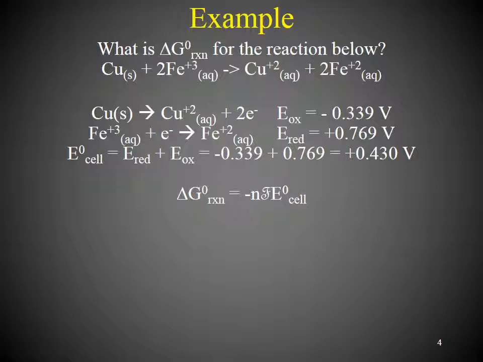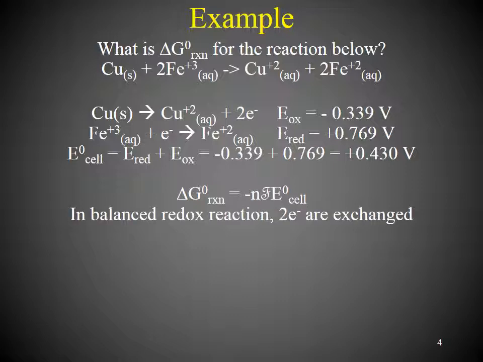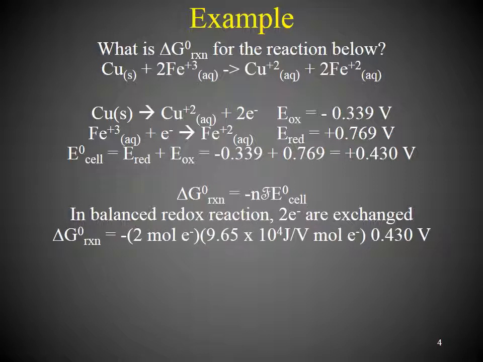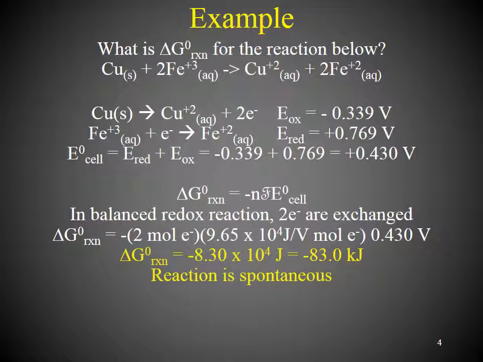Then we plug the cell voltage into our equation relating cell voltage to delta G, keeping in mind that in this case we're exchanging 2 electrons. Therefore, delta G for this reaction is equal to negative 2 moles of electrons times Faraday's constant times the cell voltage, which is equal to negative 83.0 kilojoules. Therefore, the reaction is spontaneous.